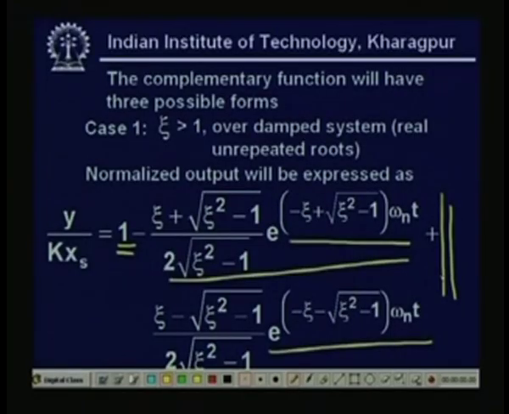So this complementary function is important, because in many cases I cannot allow the system to reach the complete steady state response before taking some action. Suppose within 5% or 1% of the final value, I have to take some action.